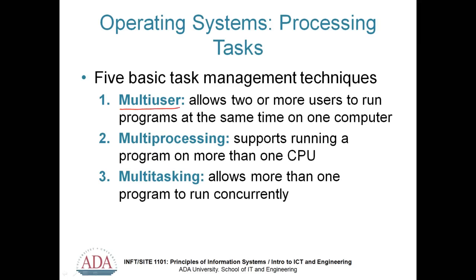It's called multi-user, and the names are very self-explanatory, so I don't think we need to explain them a lot. Multi-user means two or more users can run programs at the same time on the computer. Multiprocessing supports running a program on more than one CPU. And multitasking means you have one system, but you allow more than one program to run concurrently.